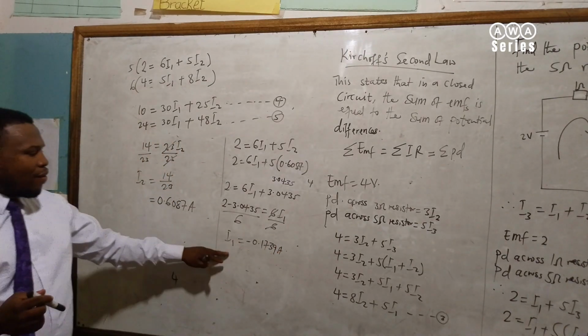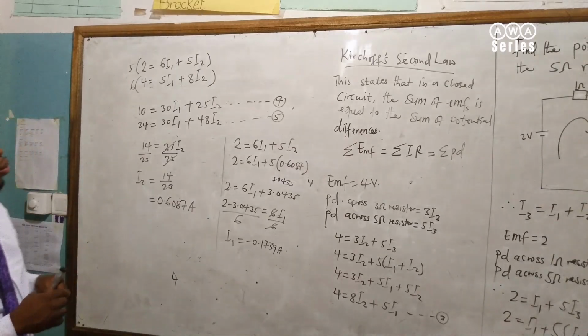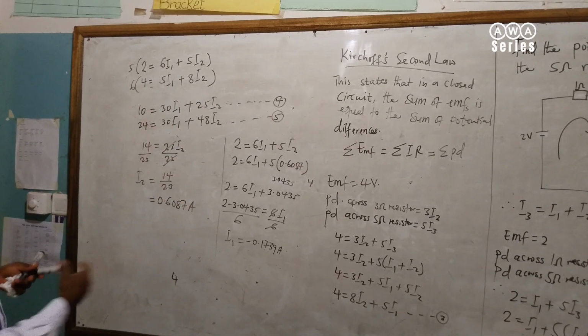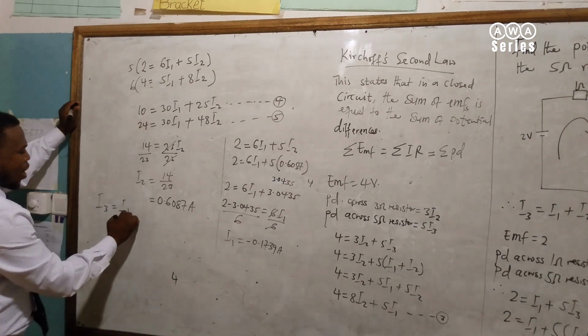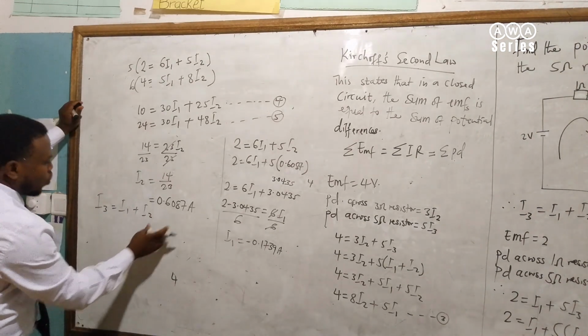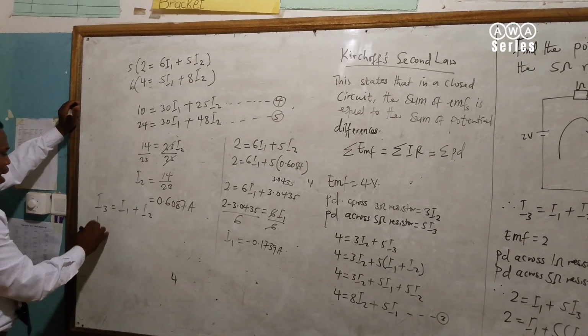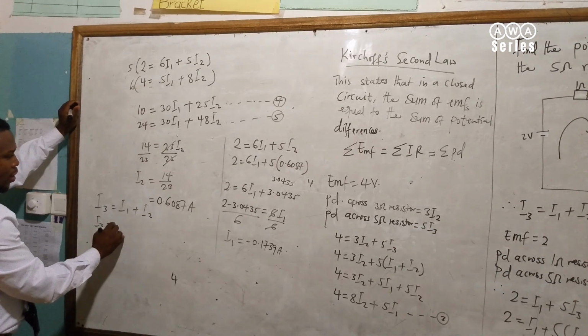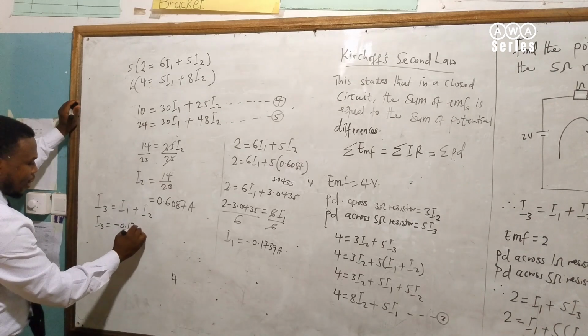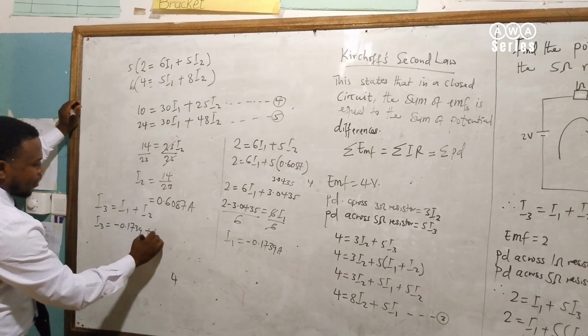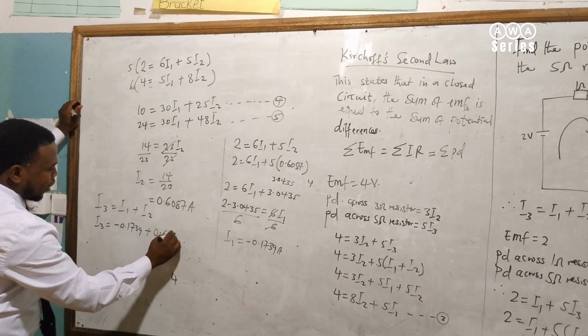So now you know the value of I1, you know the value of I2. We go back to the very first formula where we had I3 equal to I1 plus I2. So when you add these values together, I3 will be negative 0.1739 plus 0.6087.